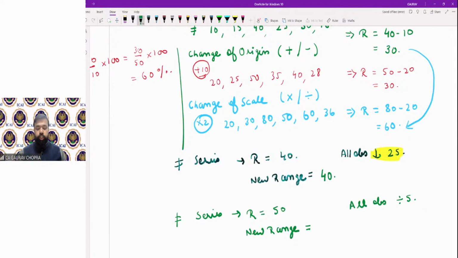Okay, चलिए अब फटाफट से आंसर कर दें. Range is 50. All observations are divided by 5. What will be the new range? Yes, 10. 50 divided by 5, that is 10.